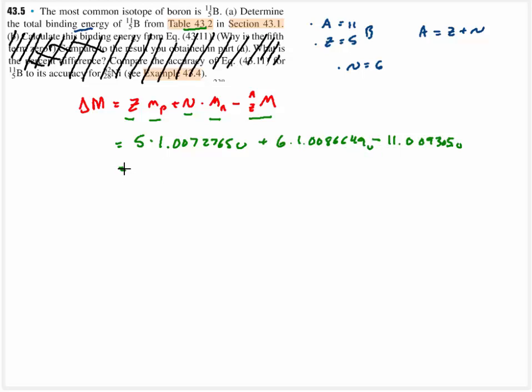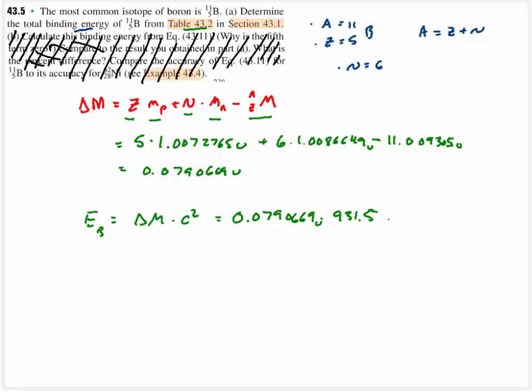And so my delta m is going to work itself out to be 0.0790669 multiplied by u. Then we're going to say, okay, binding energy, E sub B, is going to be equal to delta m multiplied by c squared, where we know c squared is 931.5 mega electron volts per u, so 0.0790669 multiplied by 931.5.